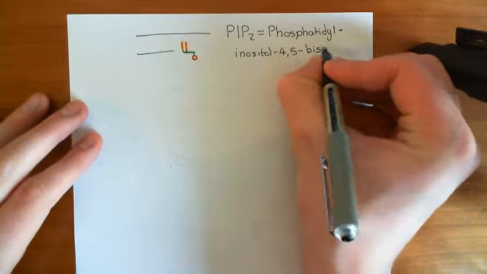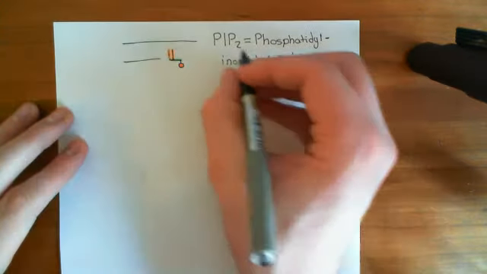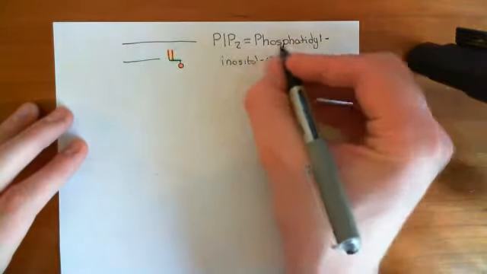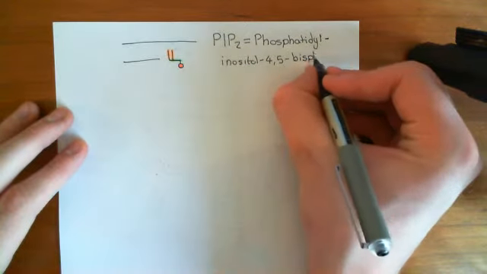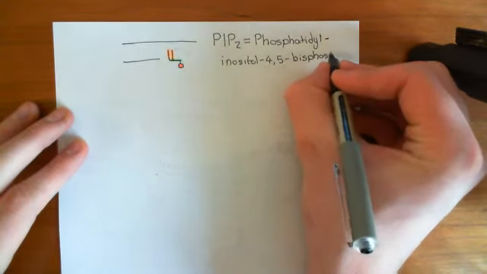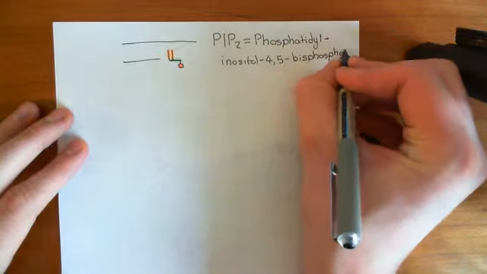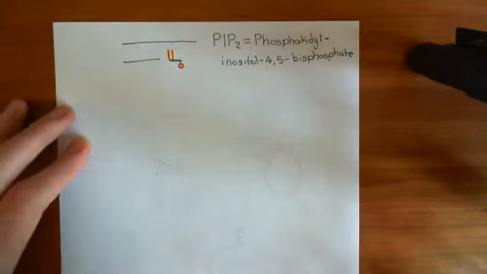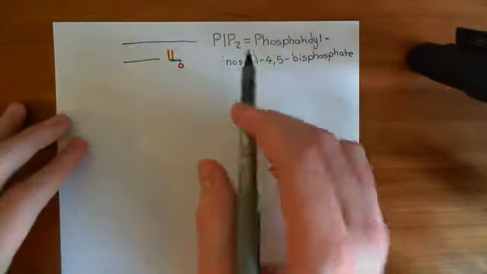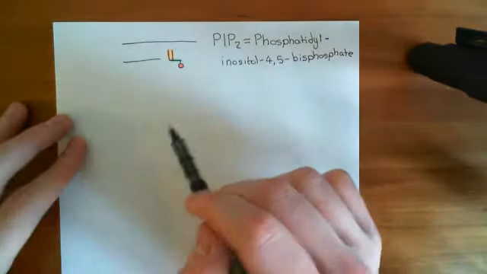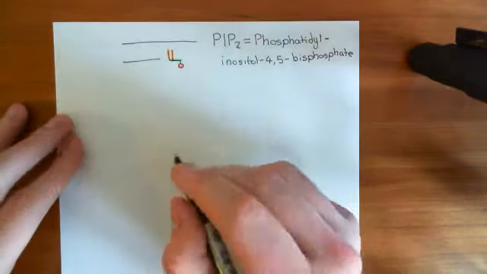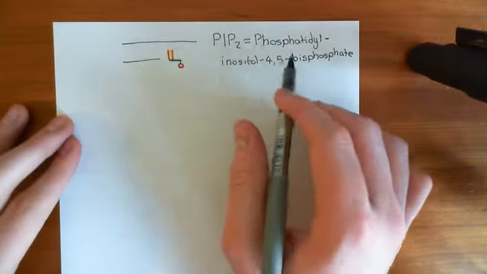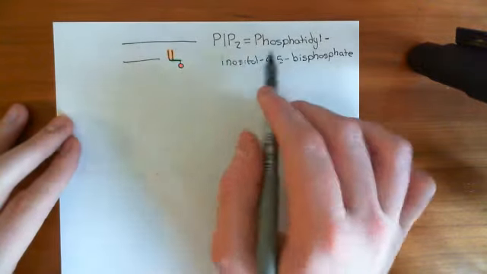4,5-bisphosphate. Okay, and the reason this is denoted PIP2 is that the first P stands for phosphatidyl, the I stands for inositol, and the last P stands for phosphate, and then because it's bisphosphate, because you've got two phosphate groups attached to the phosphatidyl inositol molecule, you put P2 there. Now, we have a phosphatidate molecule.